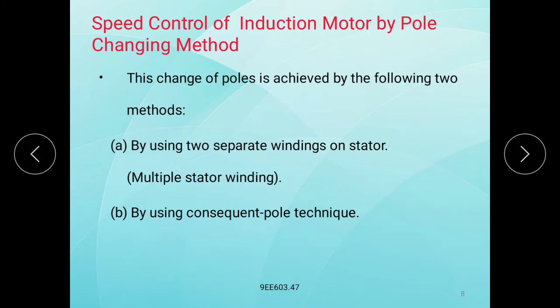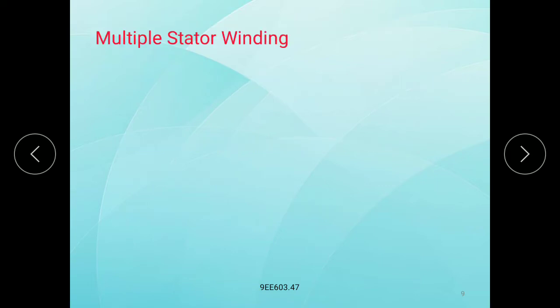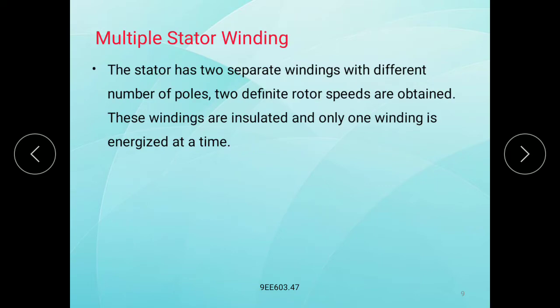And the second method is the consequent pole technique. In the first method, the stator has two separate windings with different numbers of poles to obtain definite rotor speeds.